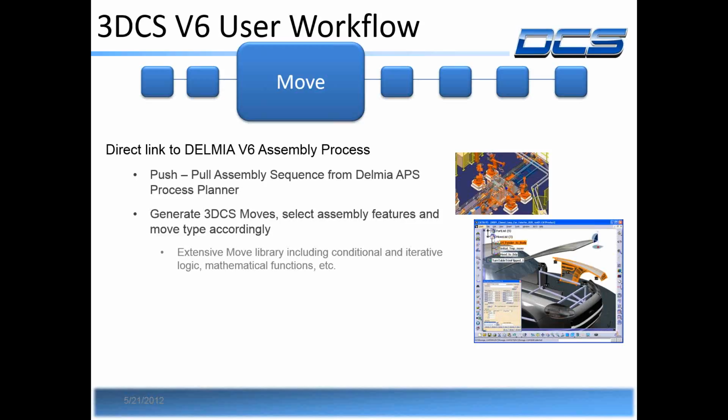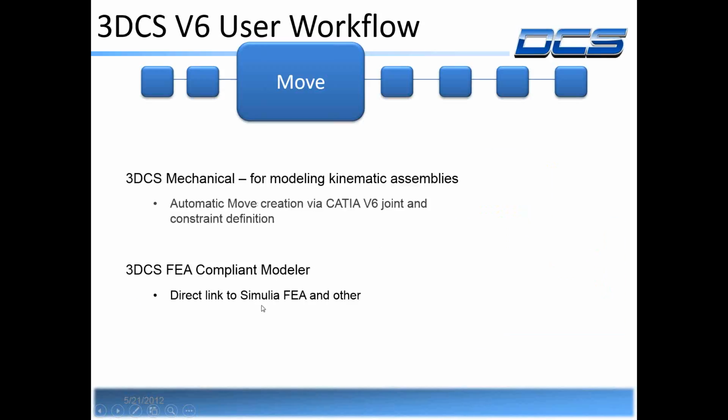Now, are we going to be limited to that? No. We're going to have the same kind of concept as we do with our tolerancing, which is, hey, you want to bring in your 3D tolerancing annotation? Sure, bring it in. If you don't have that yet, DCS has its own tolerancing methodology.